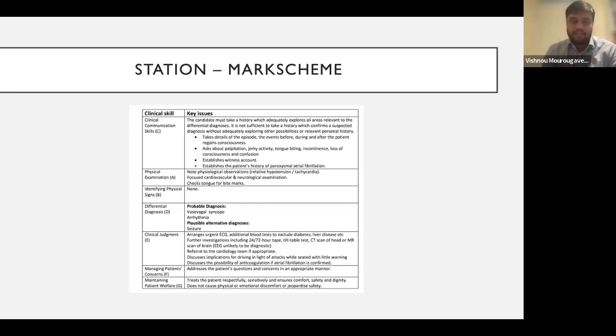Yes, you've got Viva in the end of your examination stations, but this is the best station to assess that. Physical signs, that's fine, and physical examination, that's in your other stations, that's okay. And differential diagnosis, well, you've done the preparation hopefully outside the room before you've come into the room. And the big points are in terms of managing your patient's concerns and clinical communication skills. So those are the big points here that are different compared to your examination stations. So getting a clinical consultation station right is really important.